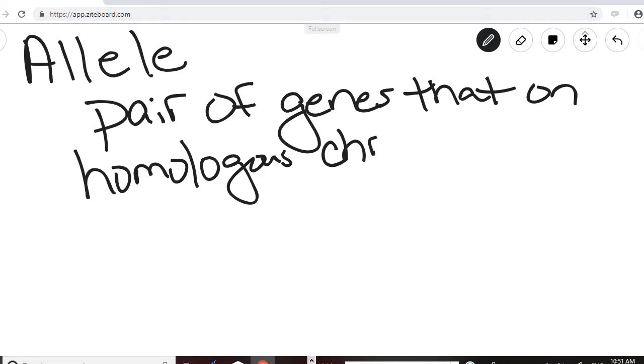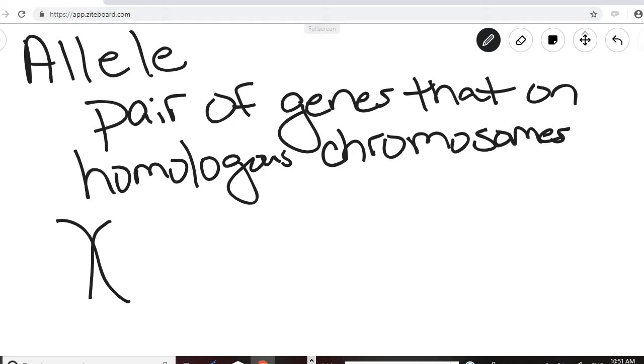So again, if we have a pair of chromosomes that are homologous, they're exact copies, they look exactly alike, but then there would be a spot here and here. So this would be one allele, that would be the other allele.